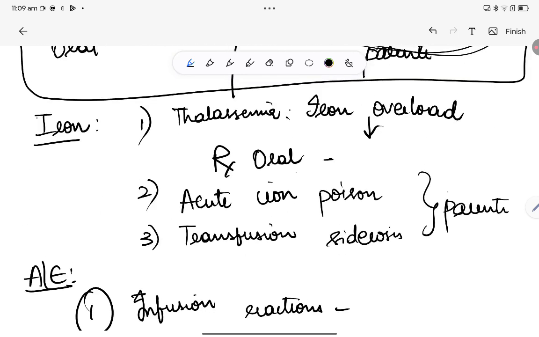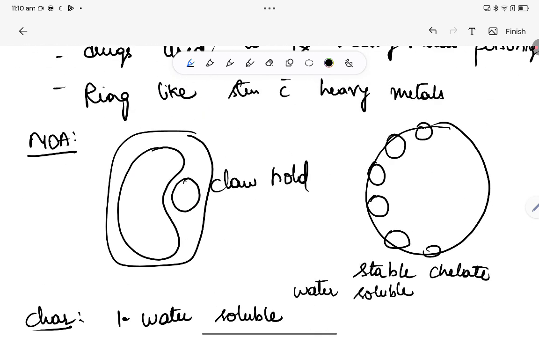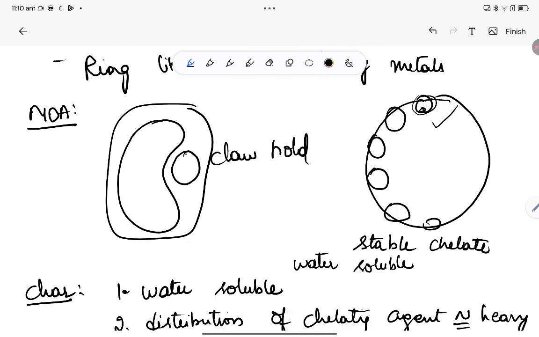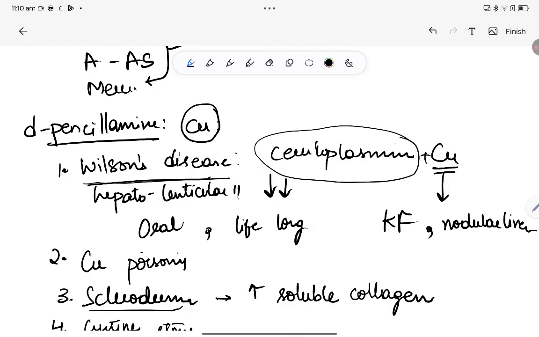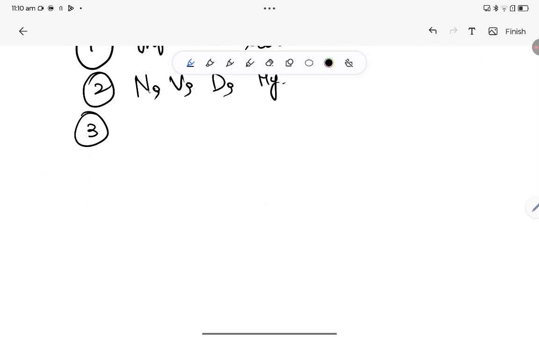Thirdly, see, in the mechanism, we saw that this ring is formed where a chelating agent is combined with a heavy metal, and this ring is stable. To maintain that stability, what we usually do is we give excessive chelating agent.